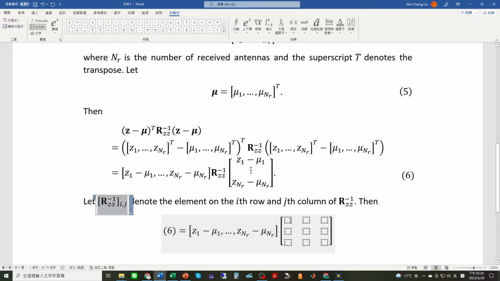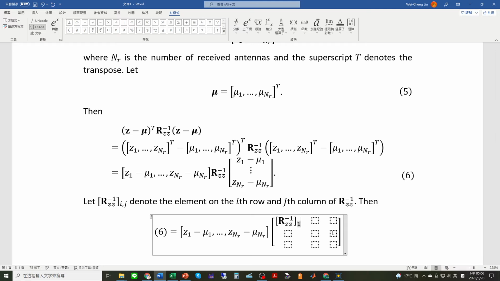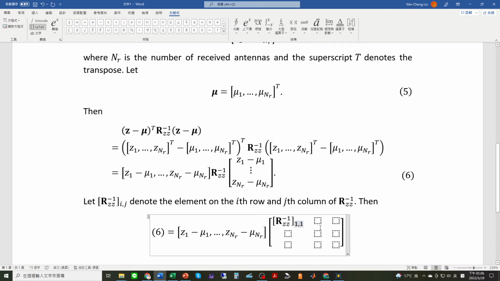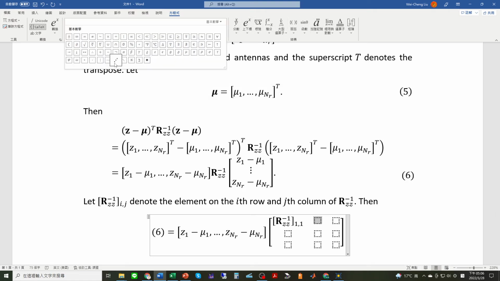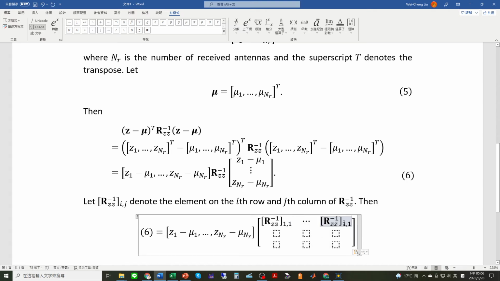And the first element is RZZ inverse 1 1, and this is the dots, and this is RZZ inverse 1 nR.